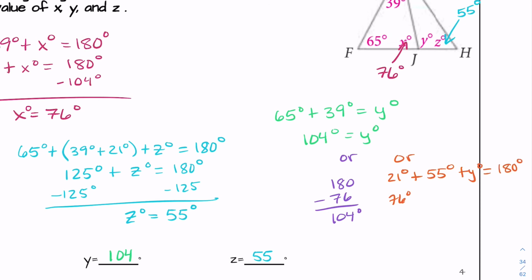So 76 degrees plus y degrees equals 180 degrees. Take away 76. And we get y degrees equals 104 degrees.